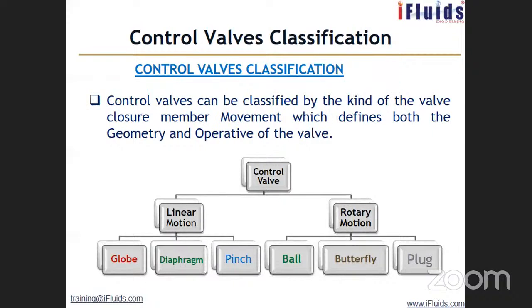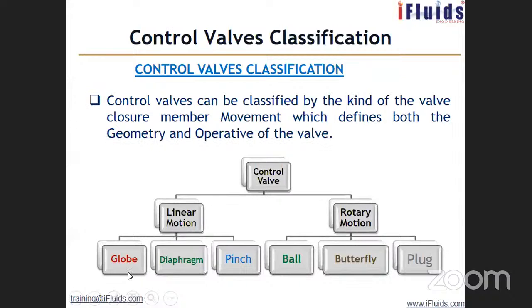So control valves have two distinct types. One is linear motion, another one is rotary motion. Take the ball valve as an example: you can easily understand the ball is rotating inside the valve body, whereas linear motion is a globe valve.